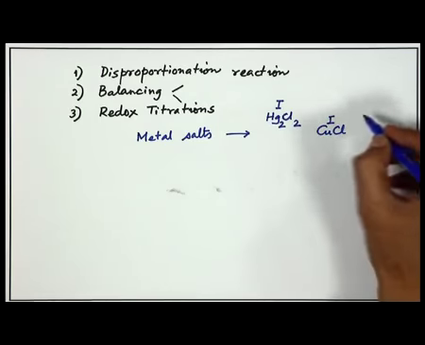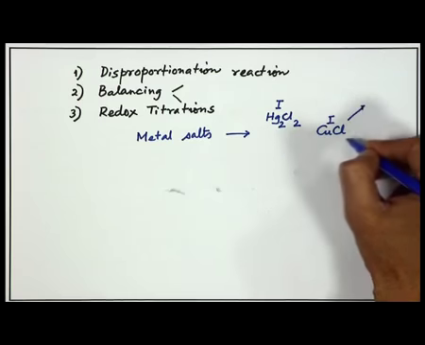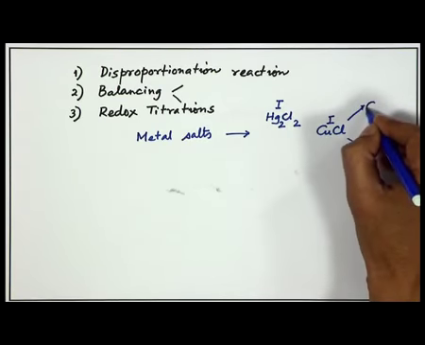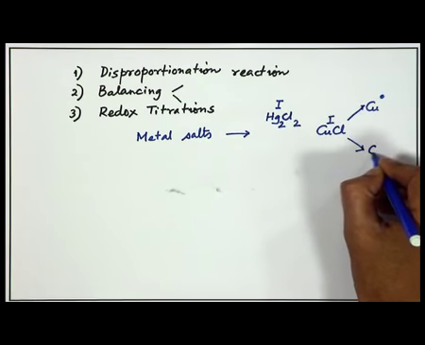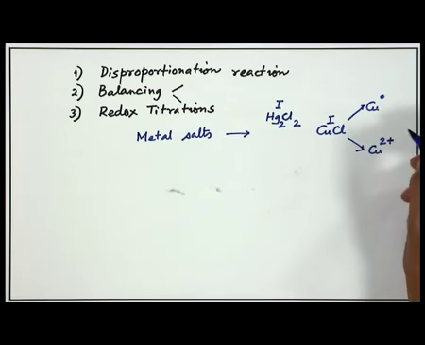It can also happen in aqueous solution or in water medium, that it can go up to copper 0 or it can go down to copper 2 plus, which is also a typical disproportionation reaction we can follow.